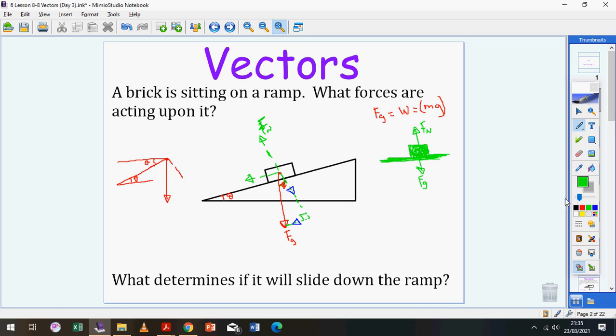When I draw this little green line, it's making a right angle with gravity. Right angle means 90 degrees. So if that's 90 degrees, then this angle, the blue angle that's remaining here, will become 90 minus theta. Because the other angle is theta, what remains is 90 minus theta.